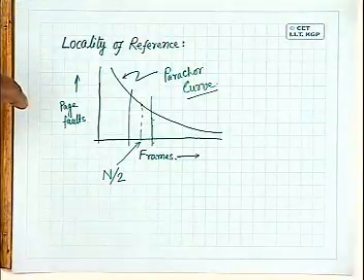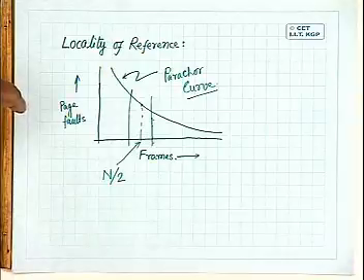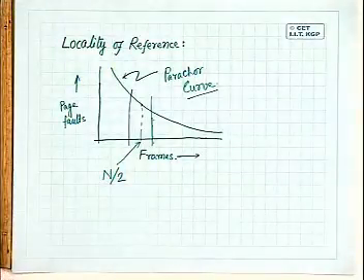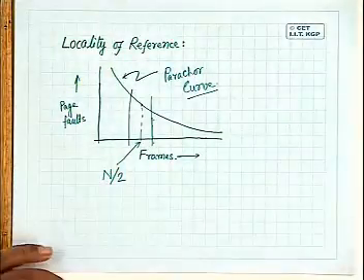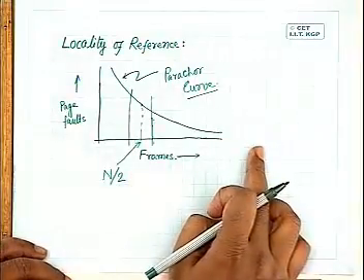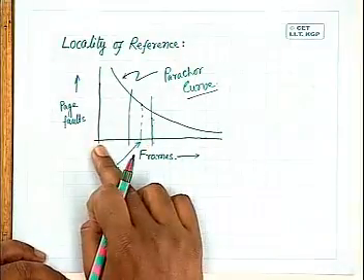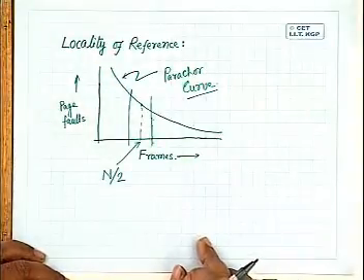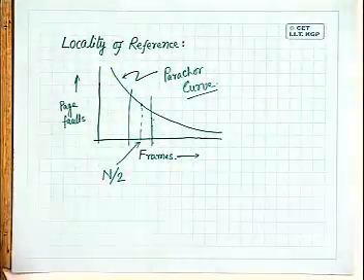So if a user program contains 1,000 pages, and if we are able to maintain around 500 frames in the main memory to accommodate those pages, the performance of the system will be quite okay. Because if we increase the number of frames beyond that, we are not going to gain much. Whereas if you reduce the number of frames below this, then the number of page faults will increase drastically. That is, obviously, the system performance will come down drastically.